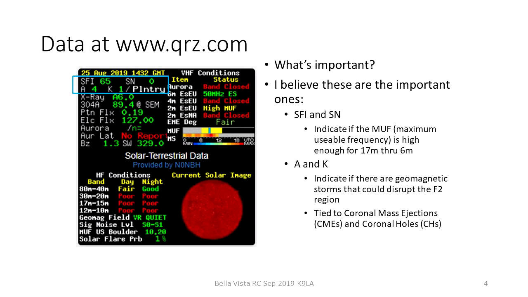Usually I'm talking to DX types and contest types, and that's where they usually make their most contacts, via the F2 region. Now the A and K index are tied to coronal mass ejections, CMEs, and coronal holes, CHs. So we'll get to that in a little bit too.